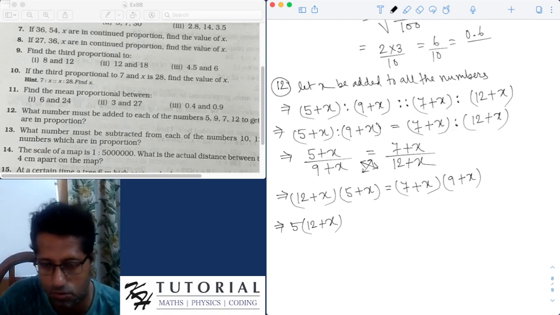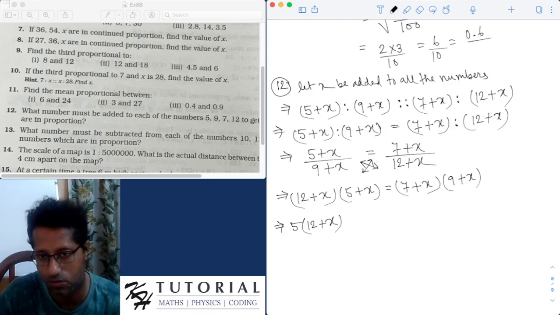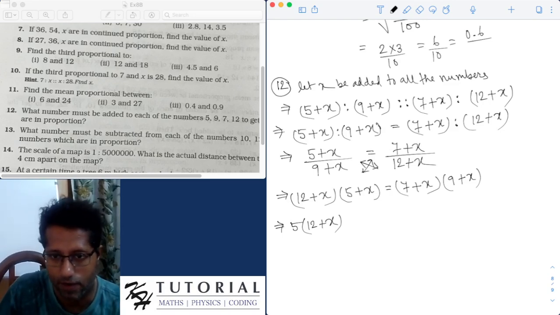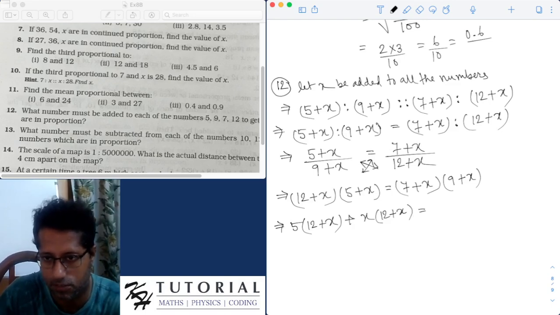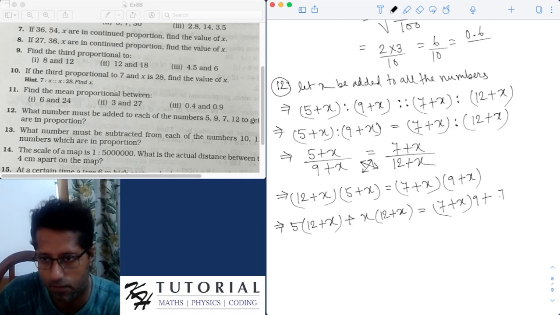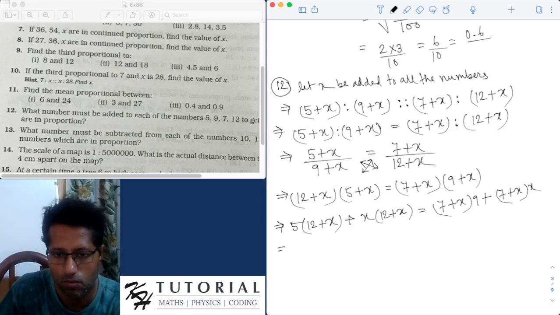The first time, I get 5 into 12 plus x into 12 plus x equals, similarly on the right hand side, 9 into 9 plus x, plus 7 plus x into x.